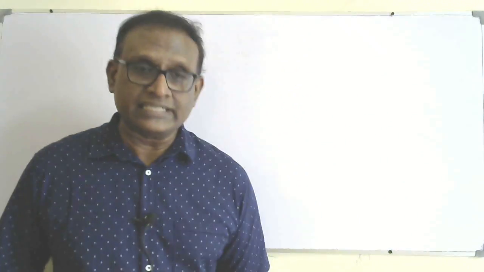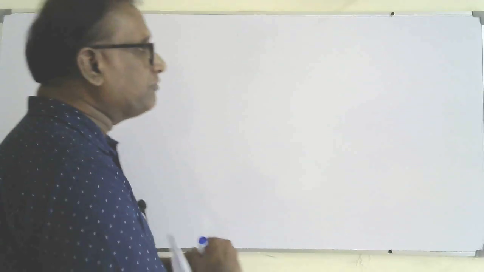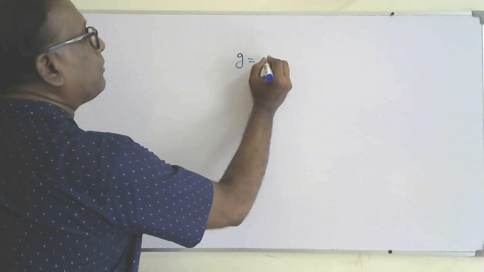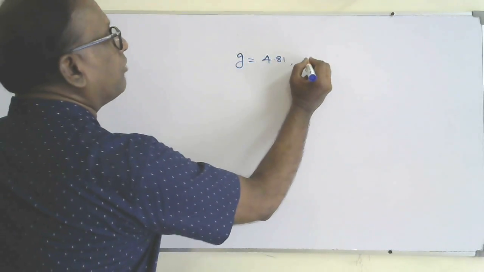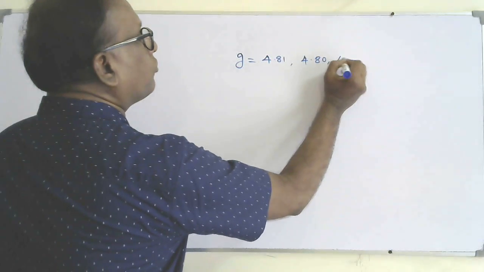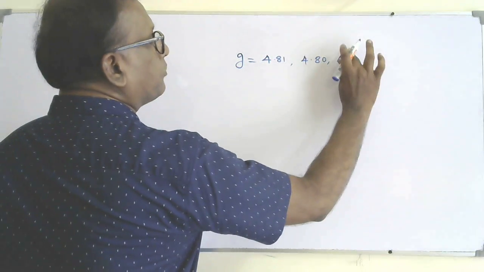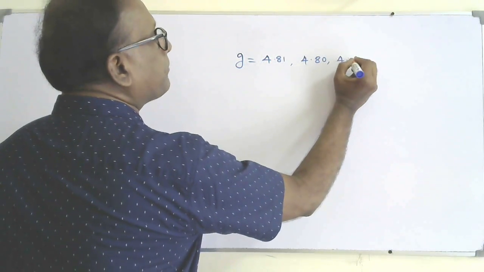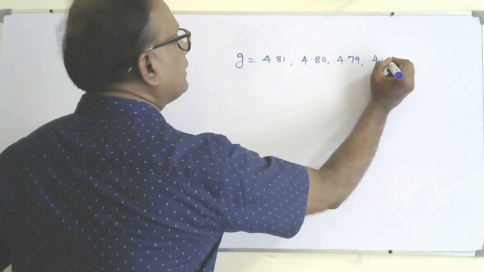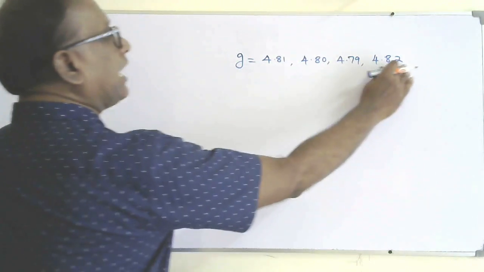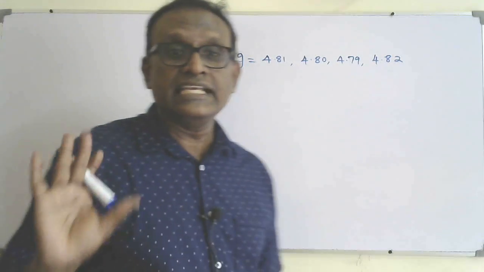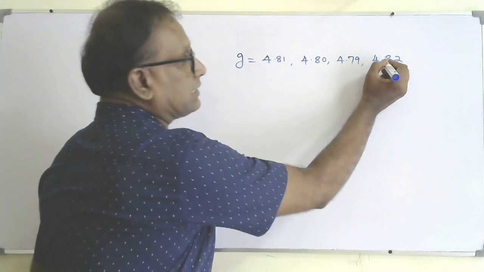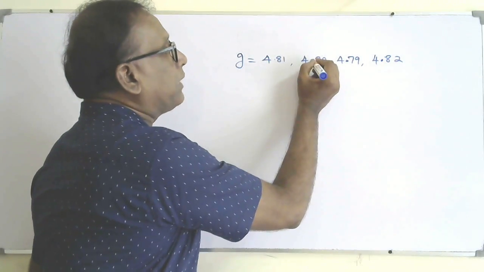So closer to each other does not mean accurate. For example, you are doing a practical to find the gravitational acceleration, and you are getting values of g like 4.81, 4.80, 4.9, 4.80, 4.79 and 4.82. These values are precise, they are very close to each other. But are they accurate?